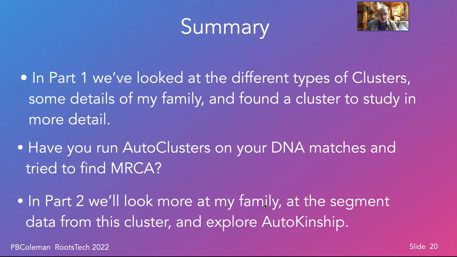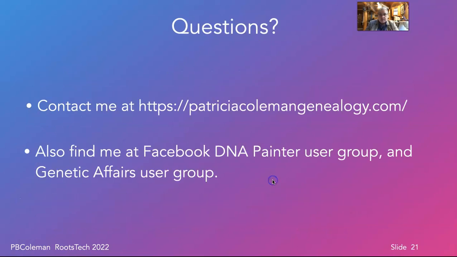In part two, we're going to look at my family in some more detail. We're going to look at segment data that came from this particular cluster, as well as exploring auto kinship on Genetic Affairs. And then in part three, we'll try and put all these pieces together and build out a tree for Joe's family to go back further than just his grandparents.